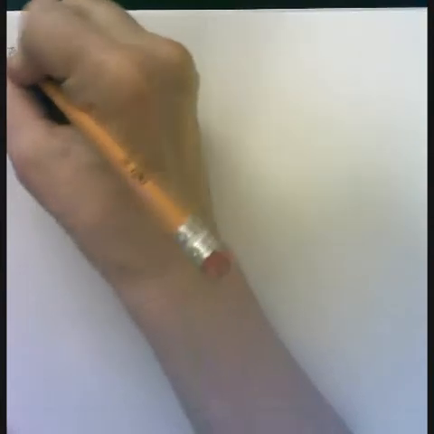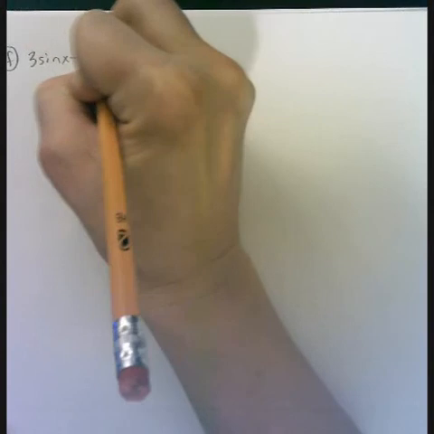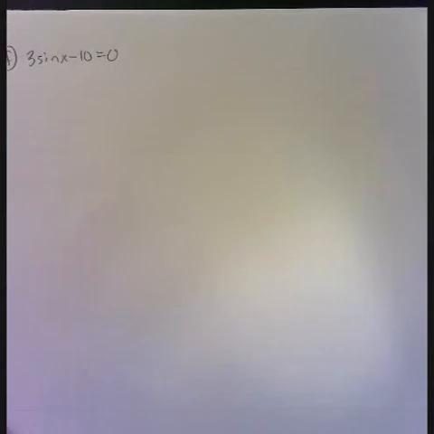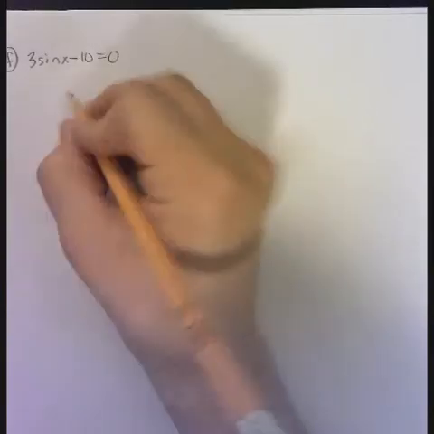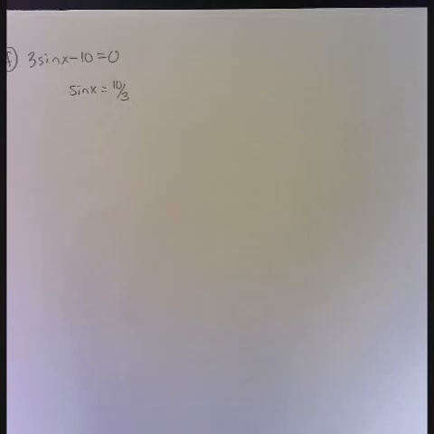F is 3 sine x minus 10 equals 0. So if we add 10 and divide by 3, we get sine x is 10 thirds. At first it seems like we're going to have to do the same thing we did in the last problem, but you have to be paying attention here.